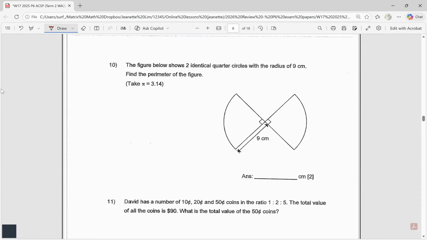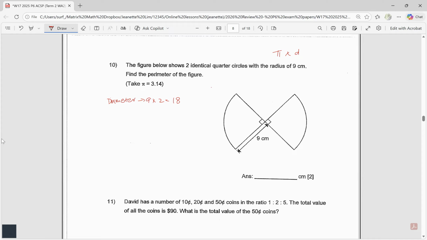2 arcs of a quadrant gives you a semicircle arc. So firstly, I need to find the diameter because the formula that we have to find for arcs, right, will be pi times diameter. Okay, so first, diameter would be 9 times 2 is 18 cm. So 2 quadrant arcs give you 1 semicircle arc.